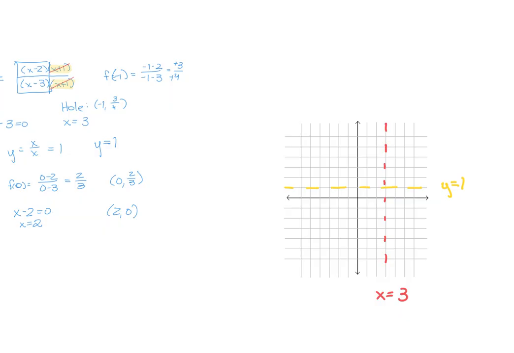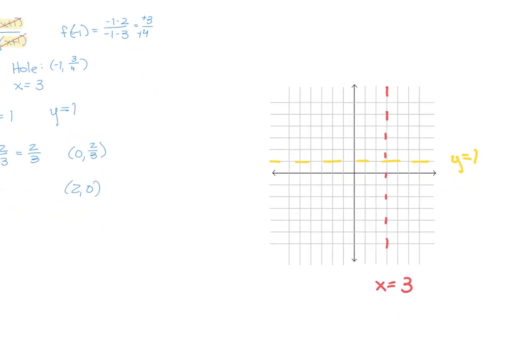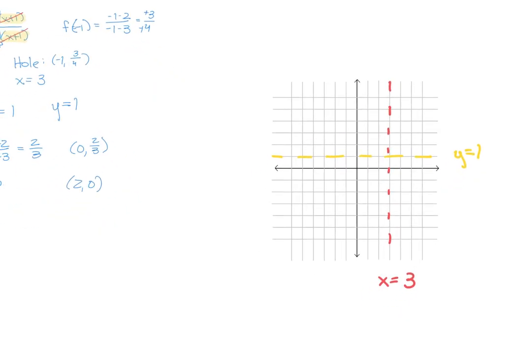And so we have a hole at -1, 3/4. Our intercepts, we have an intercept at 2, 0, and we have another intercept at 0, 2/3. And that's going to take care of basically this piece right here.